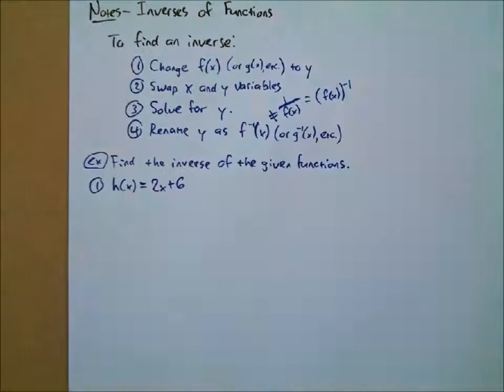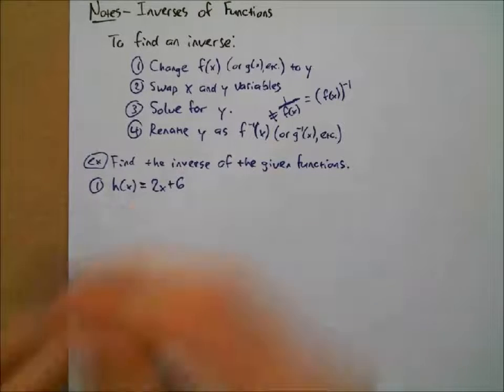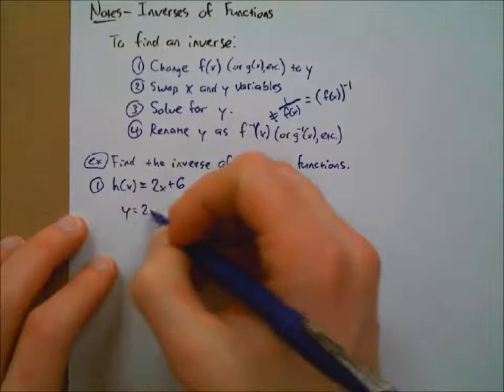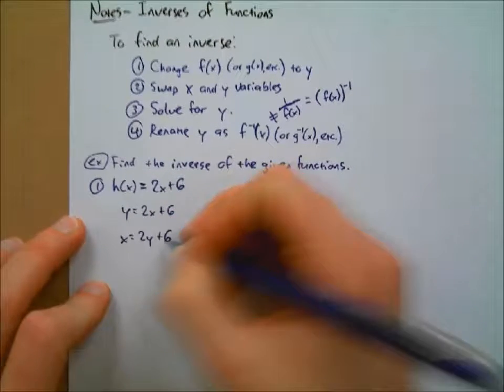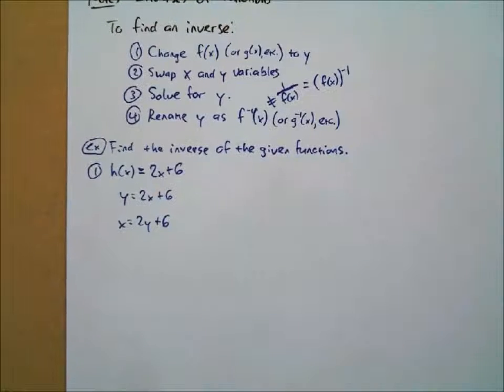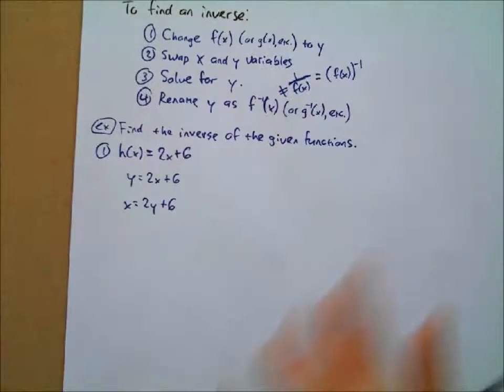Start with an easy one here. So h of x equals 2x plus 6. We're supposed to change that h of x to be a y. Swap the x and y's. Just literally where you have a y, now make it an x. Where you have an x, now make it a y. And now we'll get the y by itself.